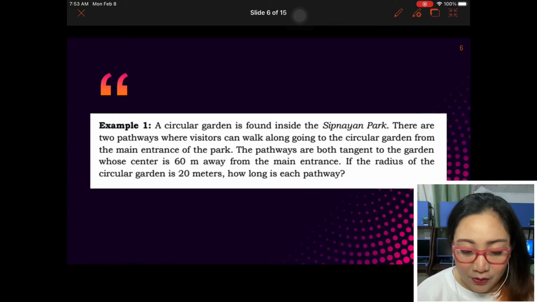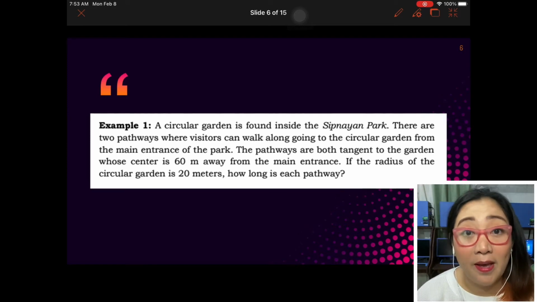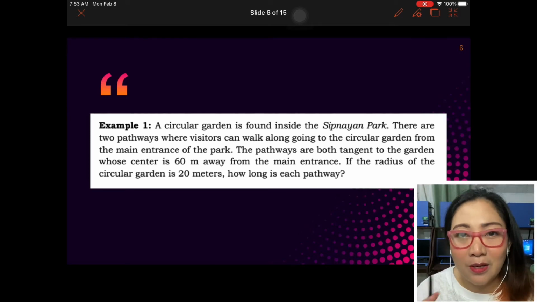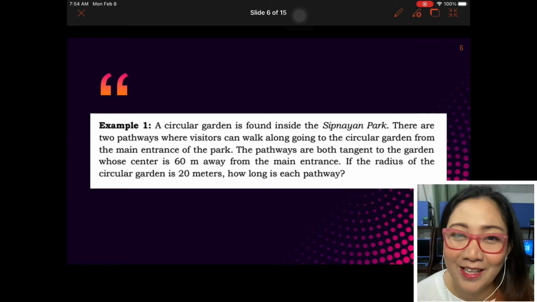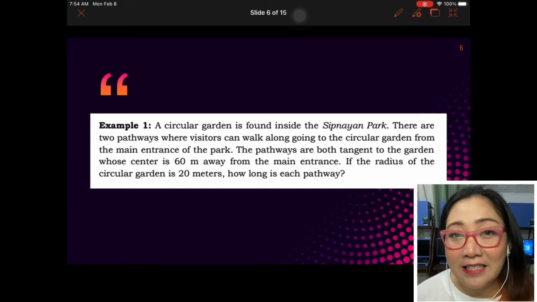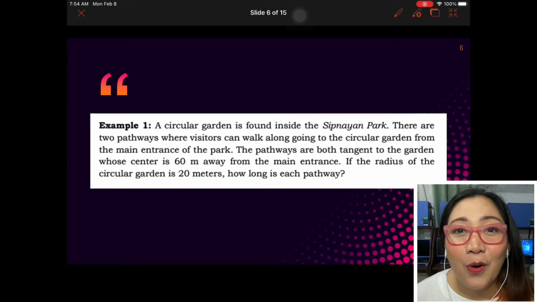If the radius of the circular garden is 20 meters, how long is each pathway? So, syempre, without any proper visuals, ang weird pa nang naiintindihan itong problem na to. So, sa representation muna tayo, para mas maintindihan natin yung problem and para malaman natin kung aling theorem yung gagamitin natin.